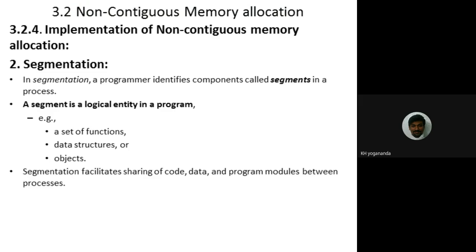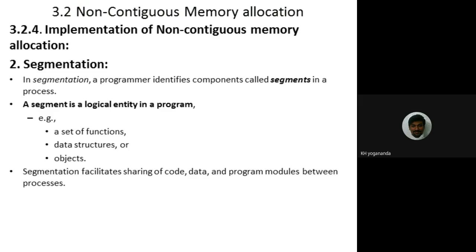Moving to the next point, the segmentation facilitates. Since we are implementing non-contiguous memory in segmentation, it should have some positive things, right? The facilities of segmentation are sharing of code, sharing of data, and sharing of program modules between different processes.